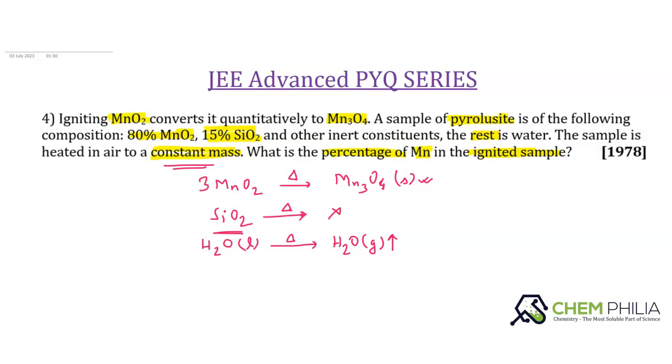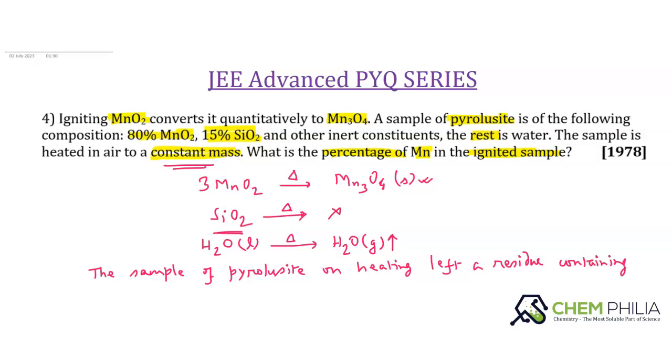So the sample of pyrolusite on heating left a residue containing Mn3O4 and SiO2, right?